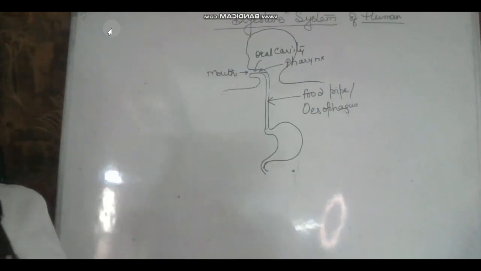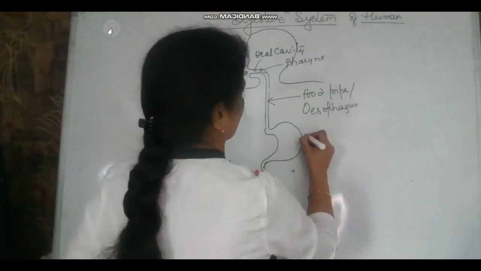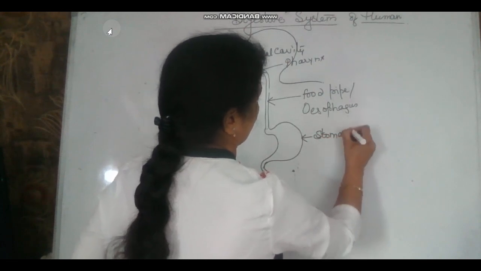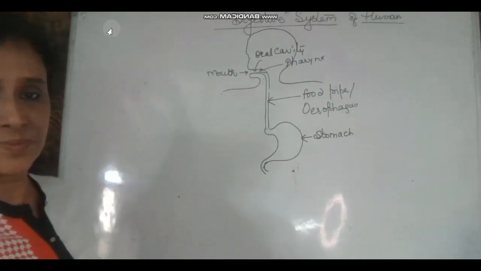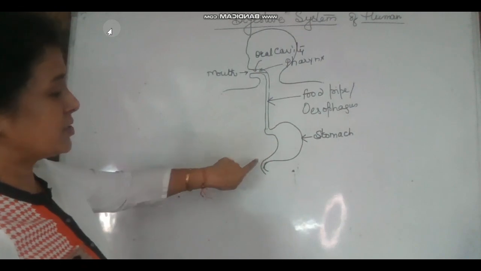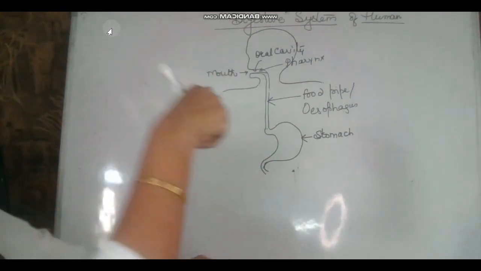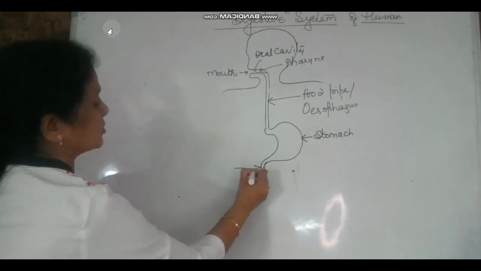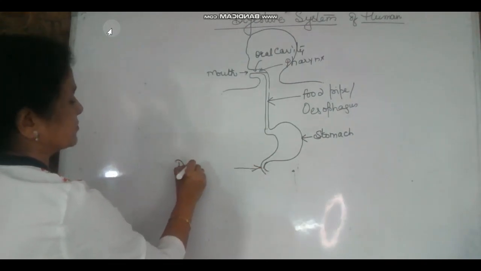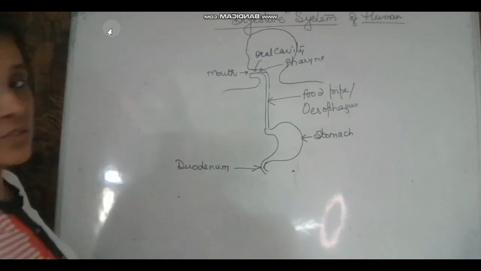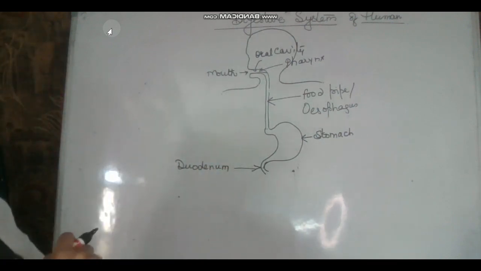This bag-like structure is called stomach. This is stomach. Now stomach continues into a C-shaped structure. You will draw a C here. This C-shaped structure is called duodenum. This is a part of small intestine.